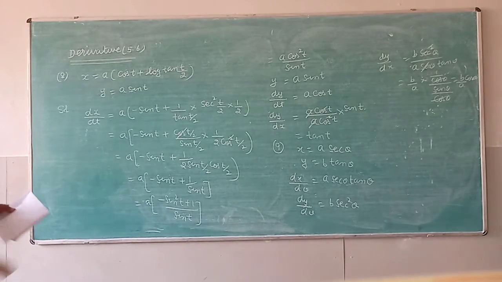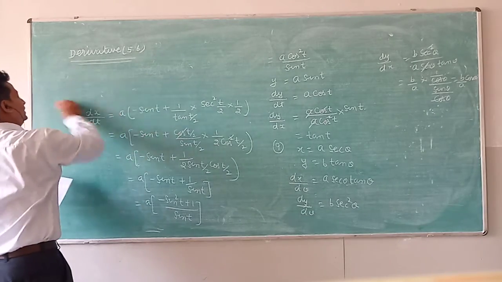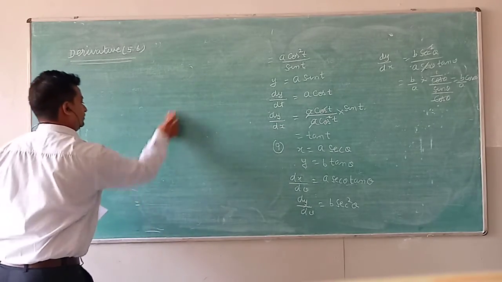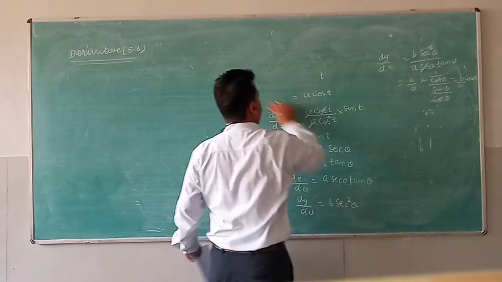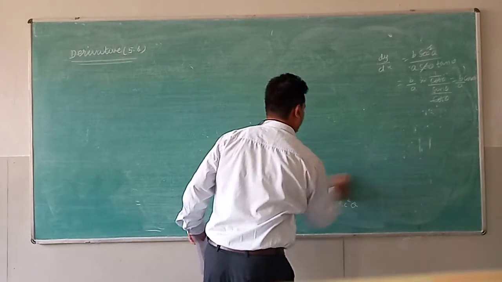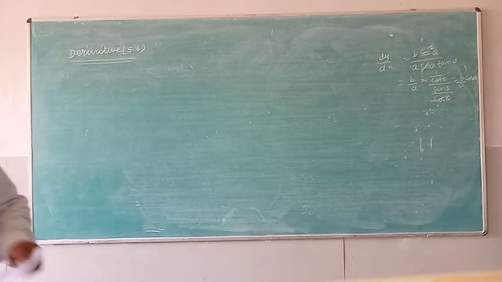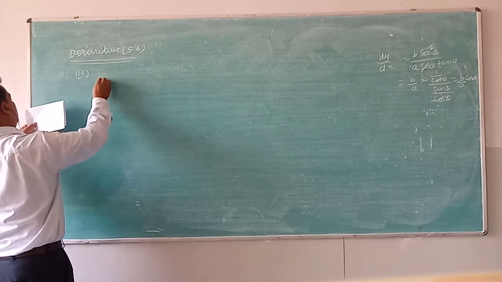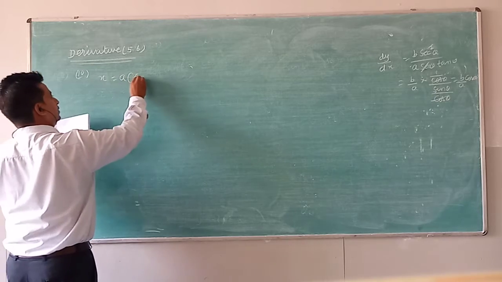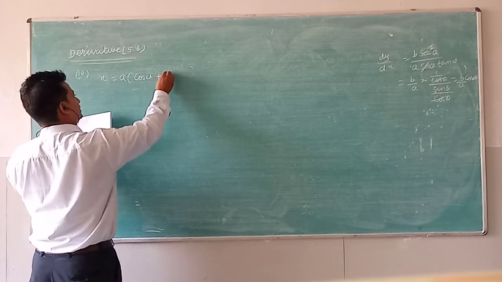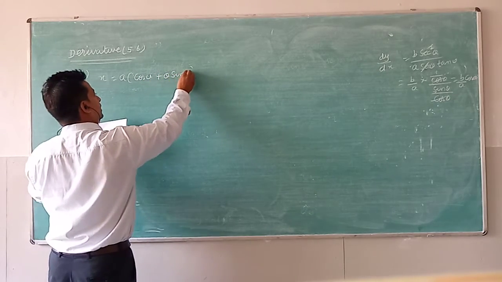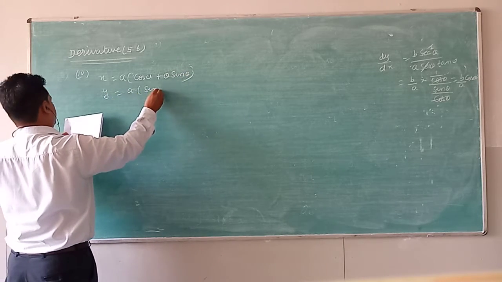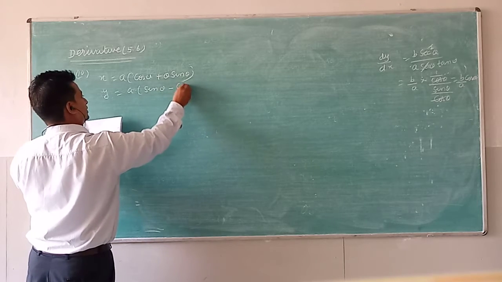In question number 10, the statement is x is equal to a (cos theta plus theta sin theta) and y is equal to a (sin theta minus theta cos theta).